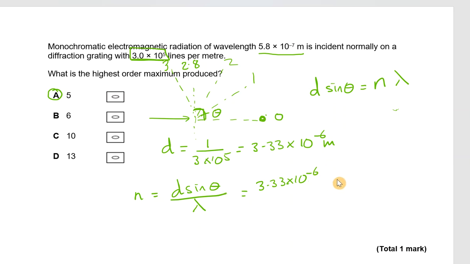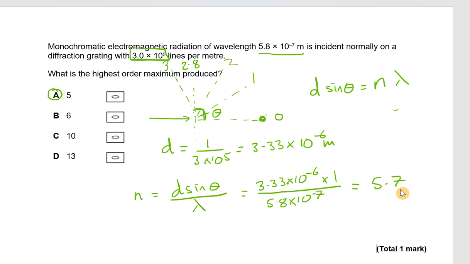I'm not even going to bother writing sine of 90 because I know it's 1. Lambda is the wavelength of the light, which we were given as 5.8 times 10 to the minus 7 meters. Put that into my calculator and I get a value of 5.7.